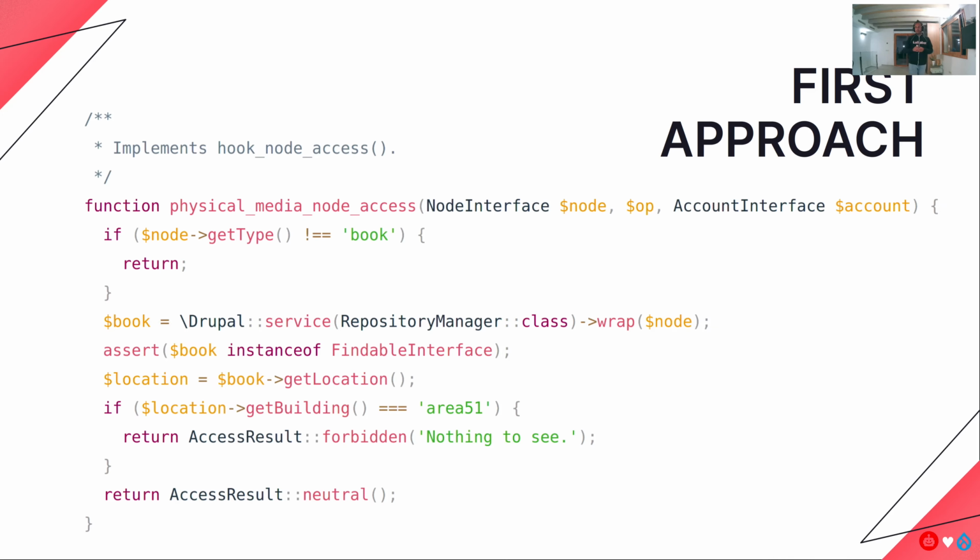You have a custom module called physical media, and you implement the node access hook. It feels perfect, you're already using typed entity. So you check if it's a book, and if not, you just bail. But if it is a book, then you get that repository manager that we talked about earlier.